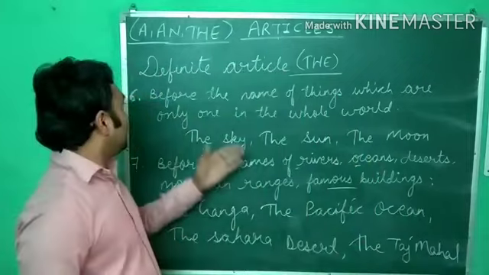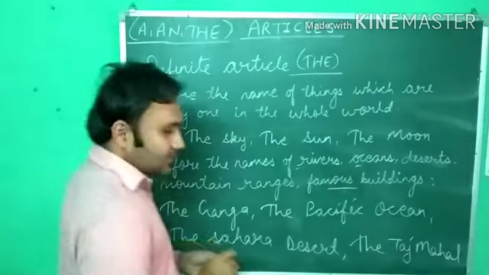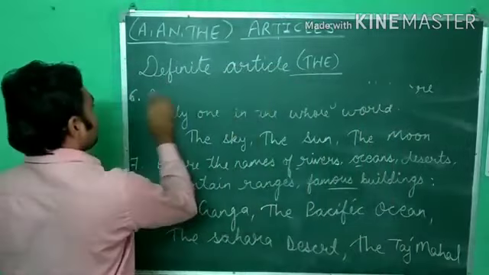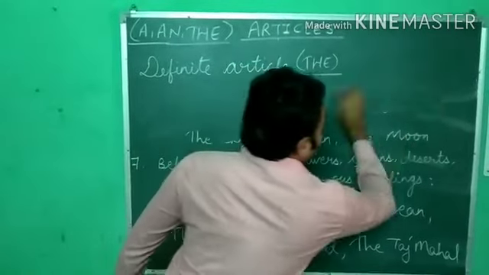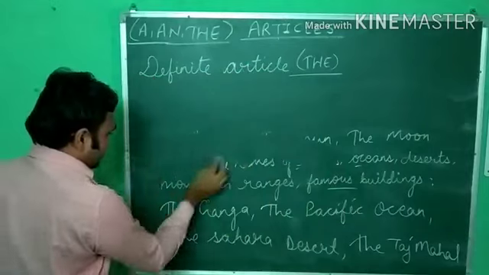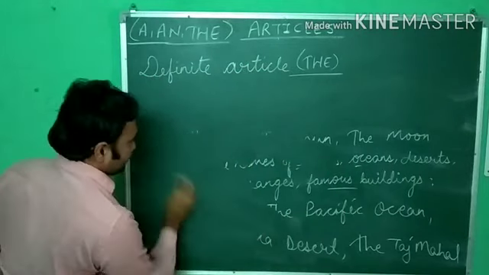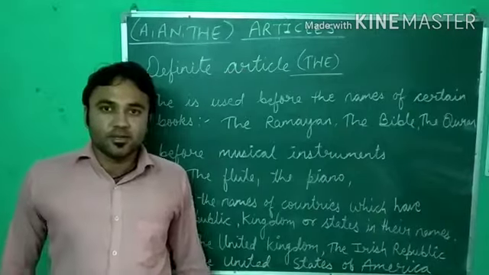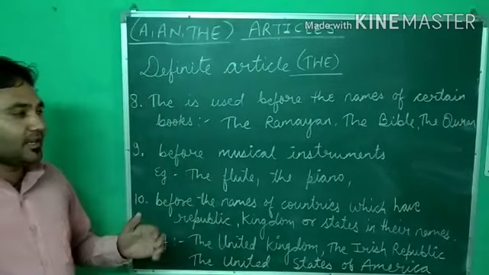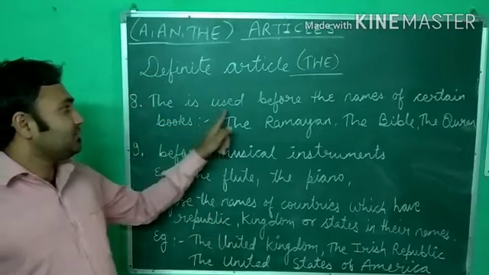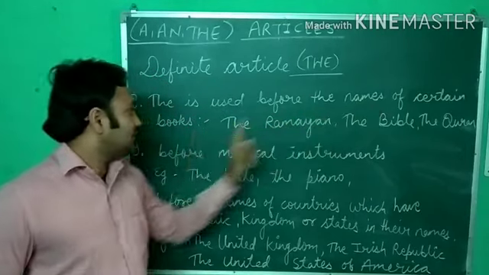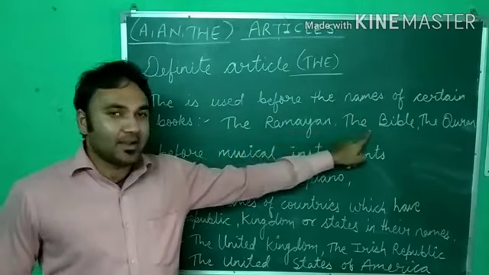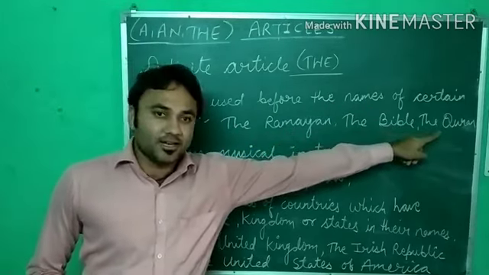Now let us look at rule number 8, that the is used before the names of certain books. For example, the Ramayana, the Bible and the Quran.